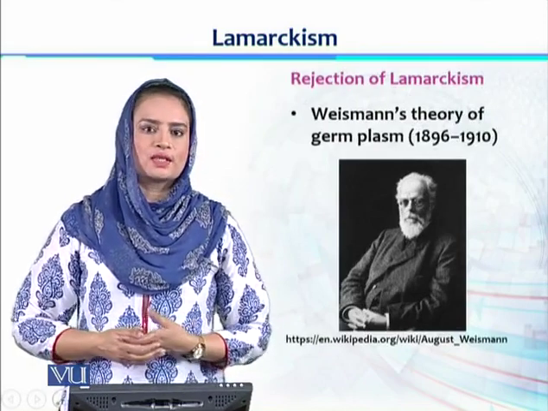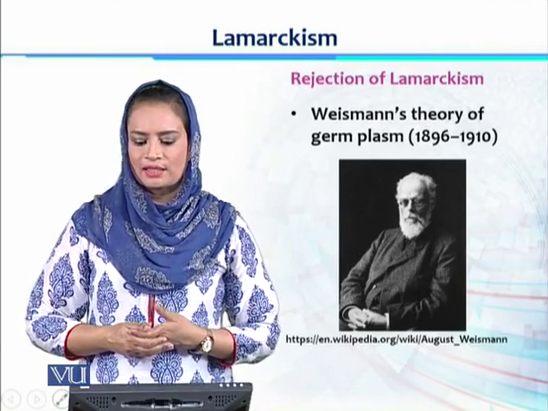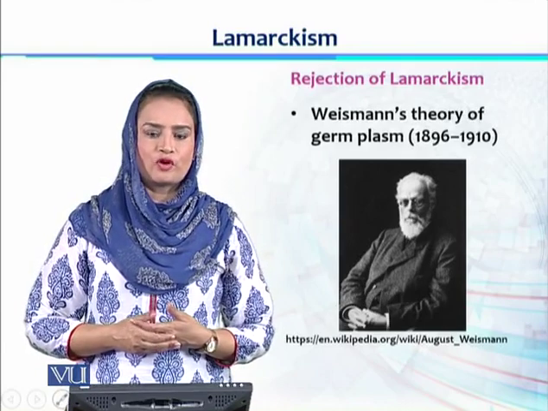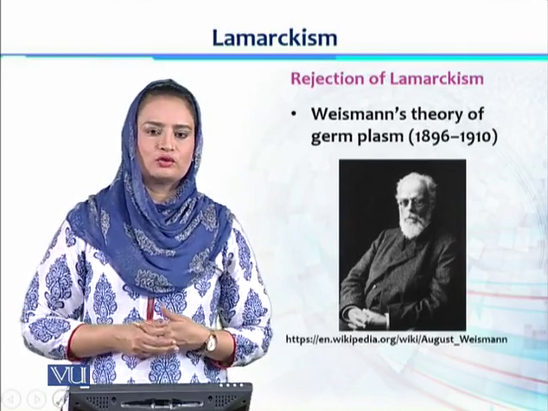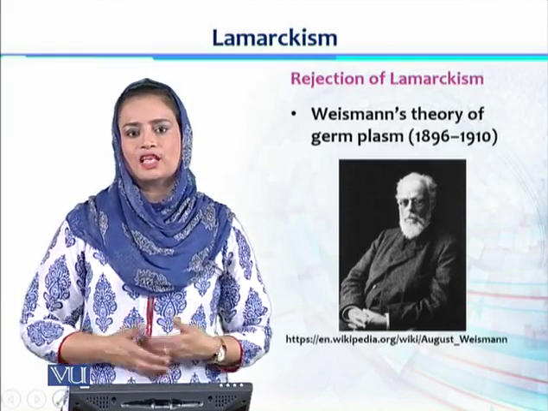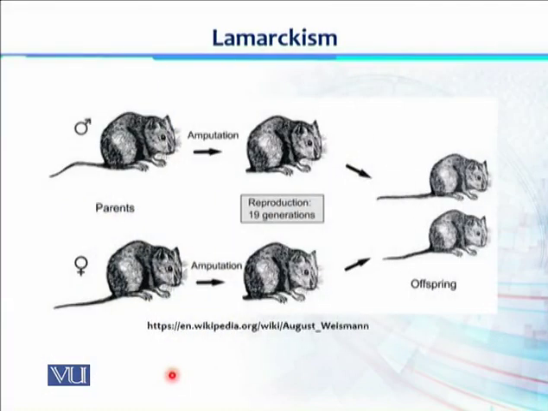But that theory was rejected later by August Weismann during 1896 to 1910. August Weismann performed a series of experiments, and he proved that those characters which are acquired during the lifetime can't be transferred to the next generation. In his experiment, he cut off the tail of the mouse.